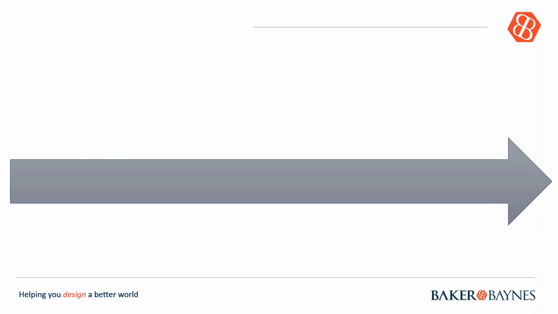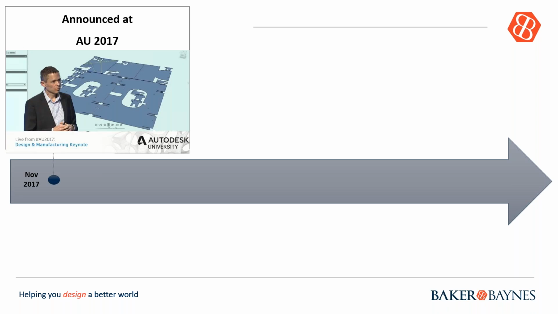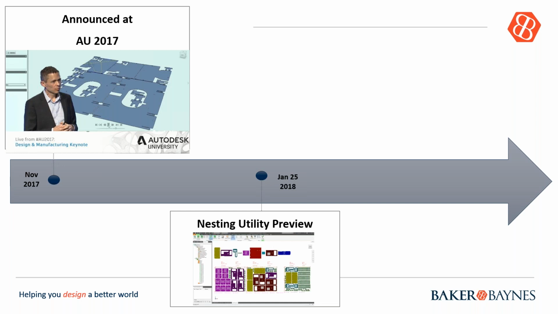So let's look at a brief history of it. In November 2017 at Autodesk University, Las Vegas, Autodesk announced the nesting utilities, and this was more featured around a product called Autodesk TrueNest and Fusion 360. However, with some development and beta testing, the utility preview was available at the end of Jan 2018, and this allowed you to actually test the functionality inside of the nesting utilities that was going to be launched and released.